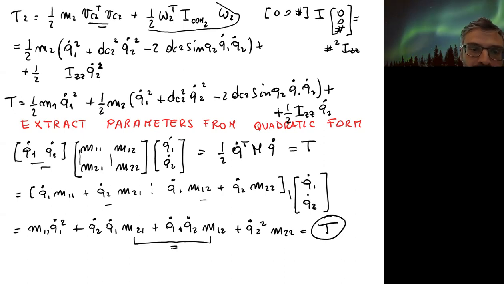If you look at the terms, we can extract the entries of the mass matrix, of the inertia matrix, sorry. In this case, we have the term that multiplies Q1 dot squared, these two. This other one is multiplying Q2 dot squared, and we have a mixed term here.